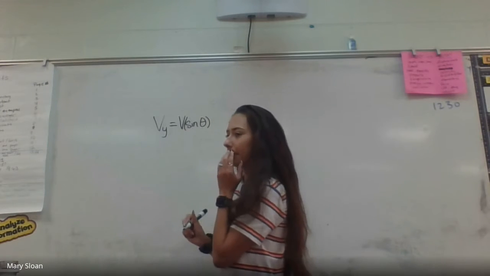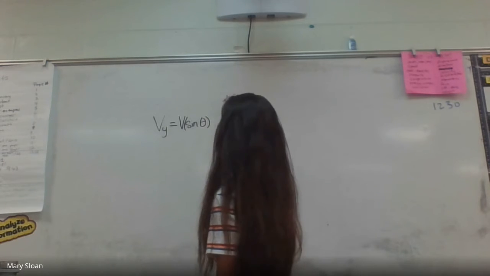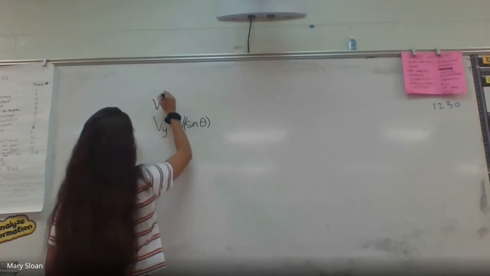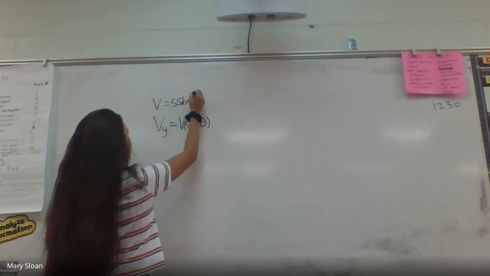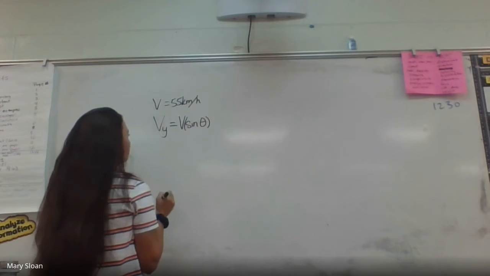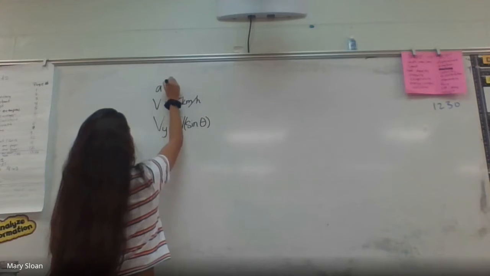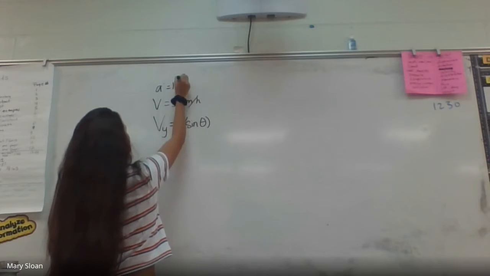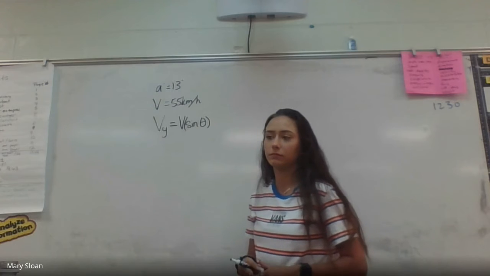Okay, up at the top, let's write the velocity above that. Velocity equals 55 kilometers per hour, and our angle is 13 degrees. Okay, so now you have your information.